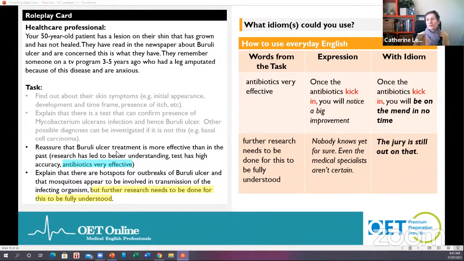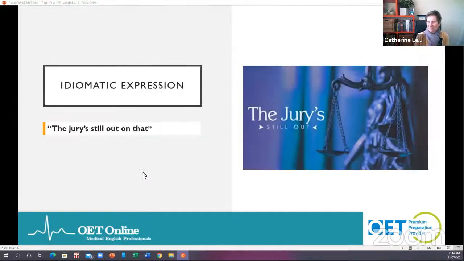So we might say the jury is still out on that. Mohammed, out of the woods. That's a good idiom for using in a lot of different role plays. So to this patient: you're not out of the woods yet, but with some treatment and a proper diagnosis, you'll be on the mend in no time.